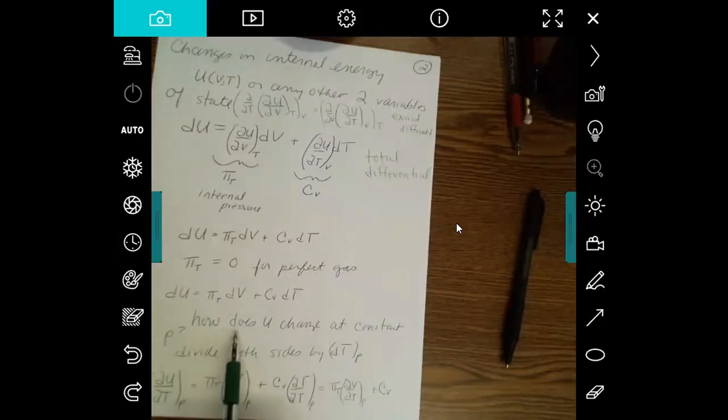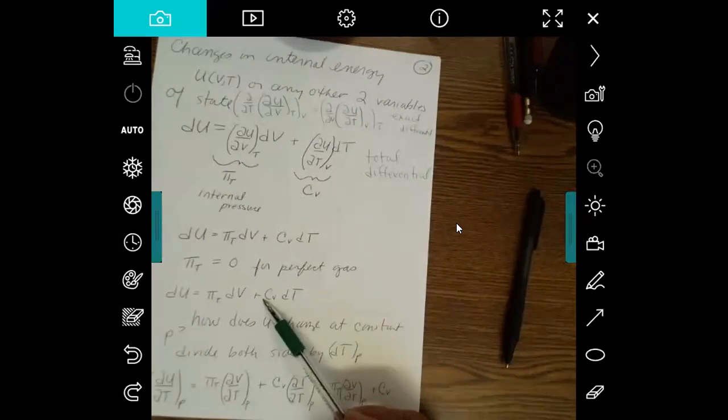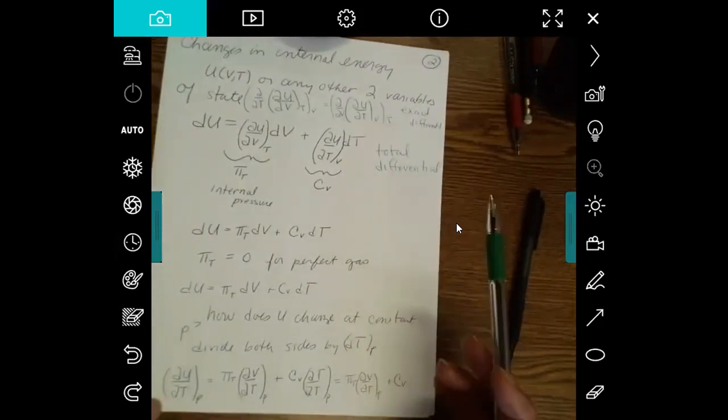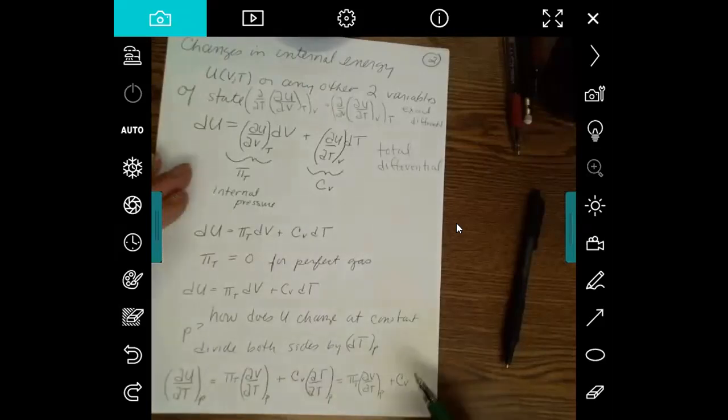So how does internal energy change if we have a constant pressure? Let's look at our total differential from up here, but we've put in these definitions. Now I'm going to divide both sides by a change in temperature holding pressure constant. That's just like dividing by x or anything else. It's a defined quantity.